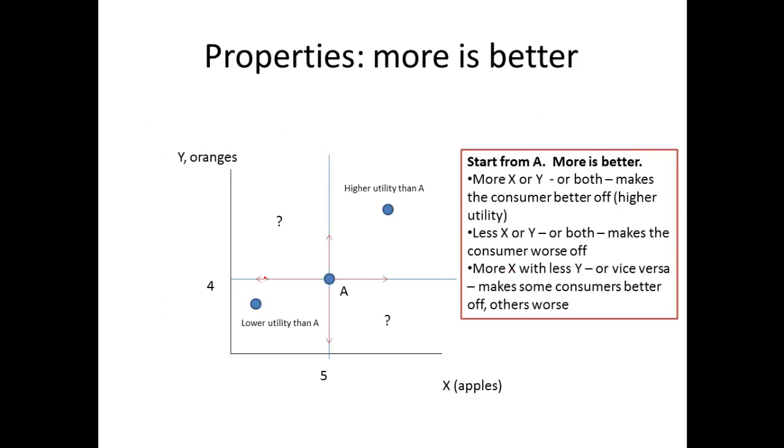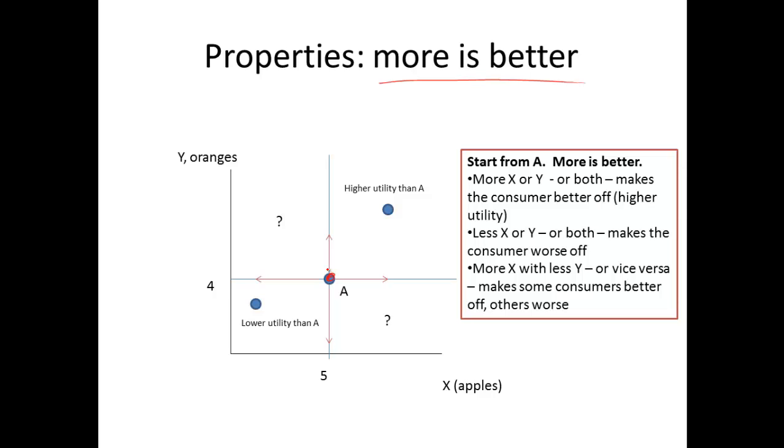Now, the natural way to introduce the utility function is to talk about the properties of utility. And there are going to be 3. The first of these properties is the idea that more is better. To illustrate the more is better idea in commodity space, let's start with some particular bundle called A. It's the bundle we've been talking about, 5 apples, 4 oranges. The more is better idea helps us divide this region into a couple of subregions.